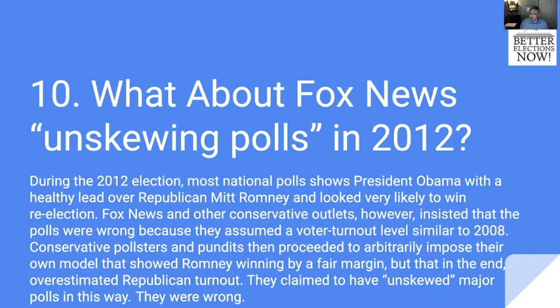Because all they did was decide that not as many people would come out to vote for President Obama in 2012 as they did in 2008, and that lower voter turnout would favor Governor Romney. So all they did was decide, no, the Democratic voters aren't going to vote as much as they did in 2008. And they were wrong. So Fox News tried something that didn't work because it was nonsensical.